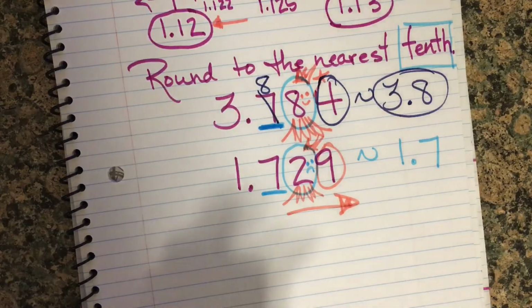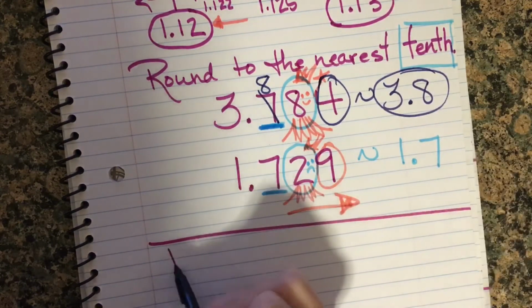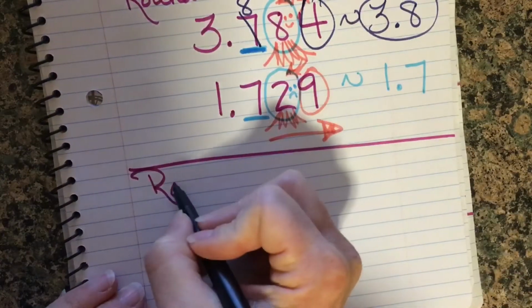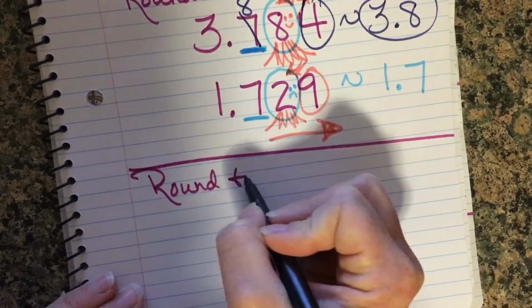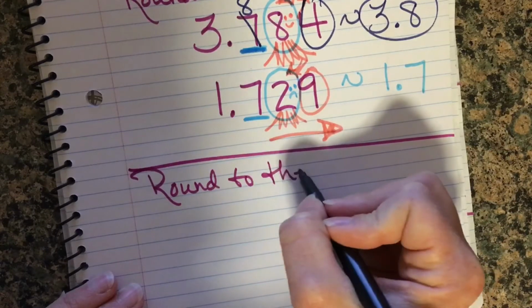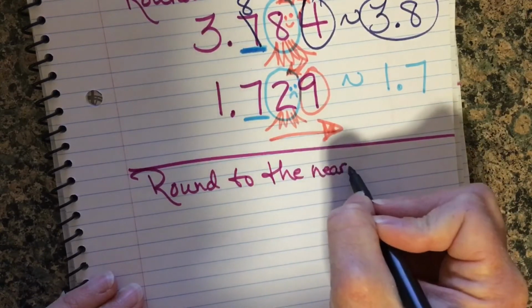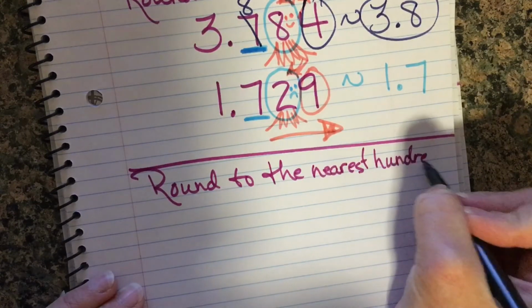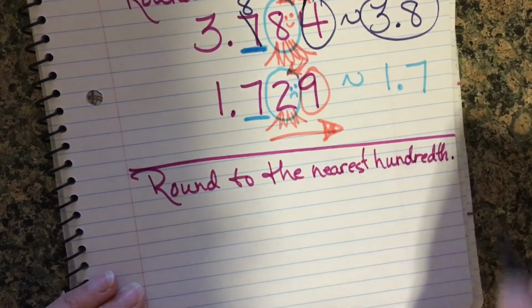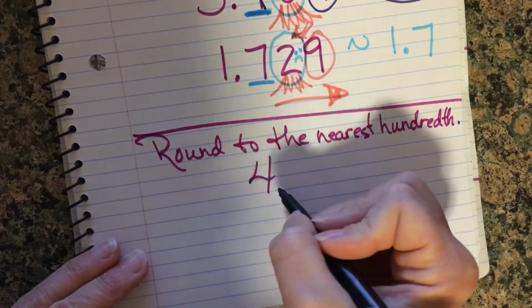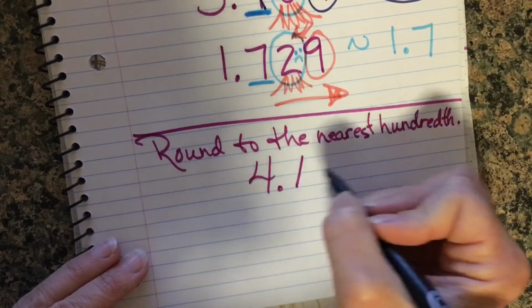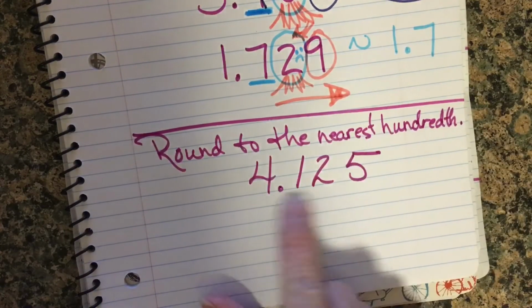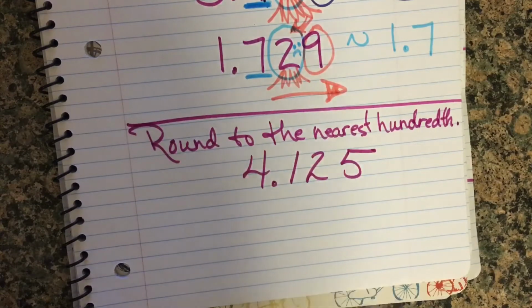If I have this section, I'm going to put round to the nearest hundredth, right? If I have a number like 4 and 125 thousandths.